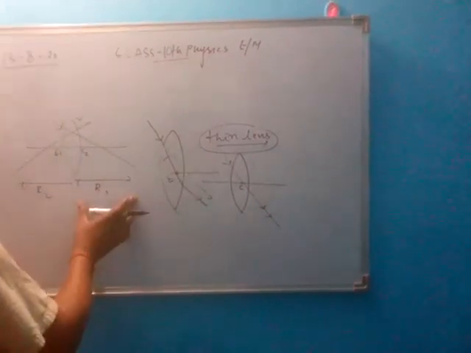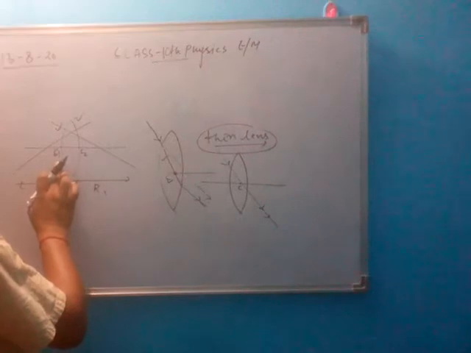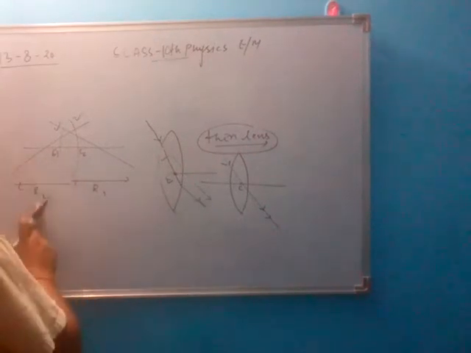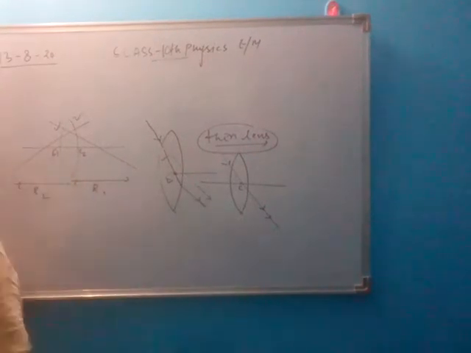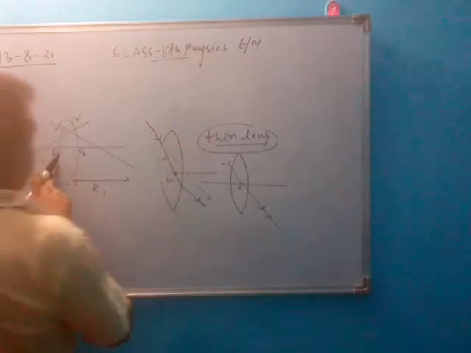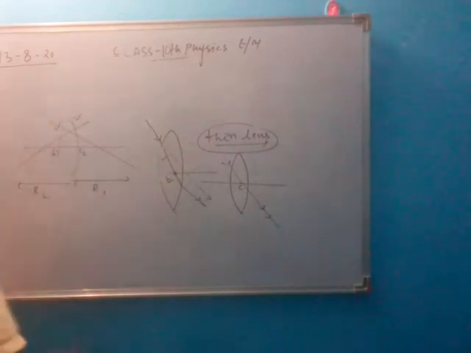This is the radius of curvature for the first curved surface. This is the radius of curvature for the second surface. This is the center of curvature C1. This is the center of curvature C2.